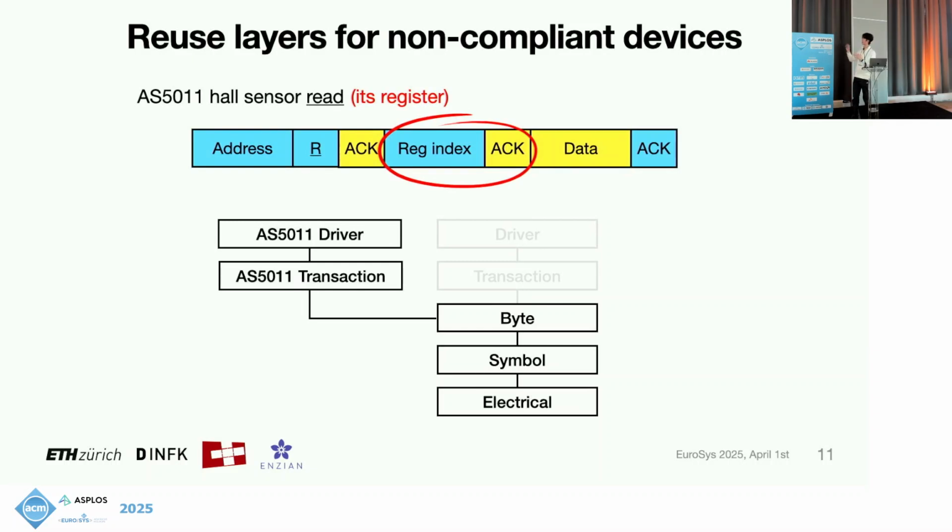Recall that the AS5011 Hall sensor violated the transaction abstraction, but all the layers below can be reused without modification. We only need to build a specialized transaction layer and above, and then glue these two parts together. In this case, we can model the non-compliant device with minimum effort.